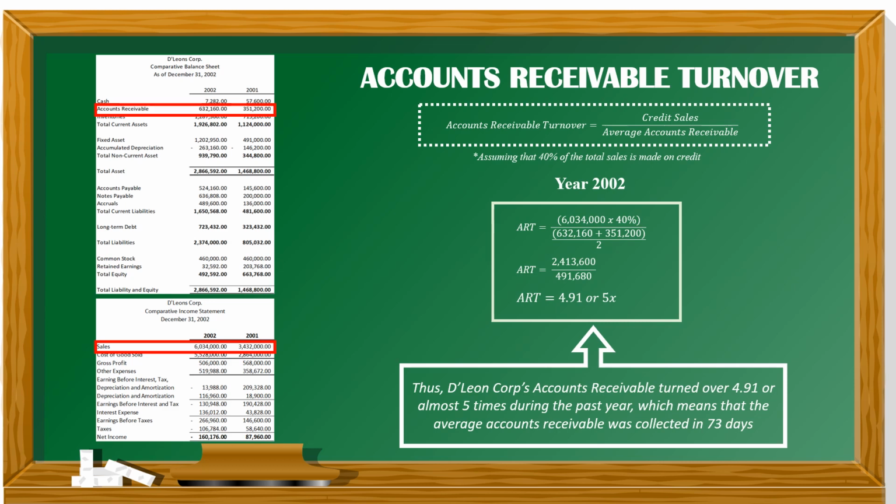It is 365, that is the total number of days in a year, divided by the accounts receivable turnover of 5 times. So we have here the average 73 days in which De Leon Corp would collect its accounts receivable from its clients or customers.